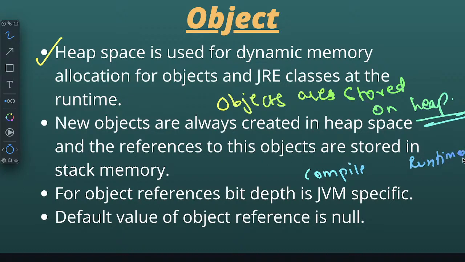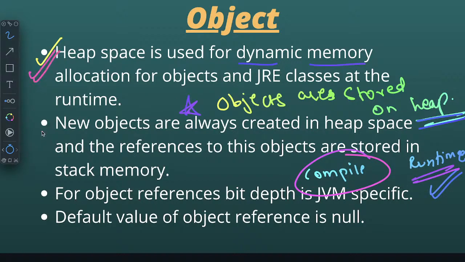The answer is definitely runtime, because objects live on heap, and anything that lives on heap means a dynamic memory allocation takes place, that is, at runtime. So it is clear that objects are created at runtime. At compile time we don't have any objects. I hope this point is clear to everyone.